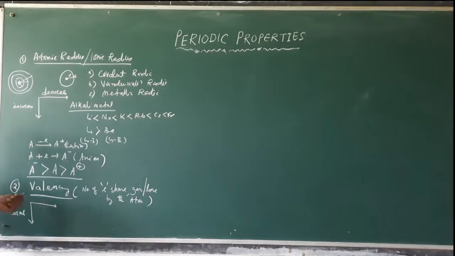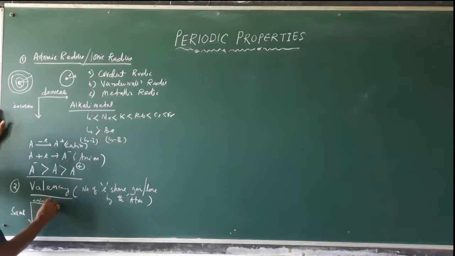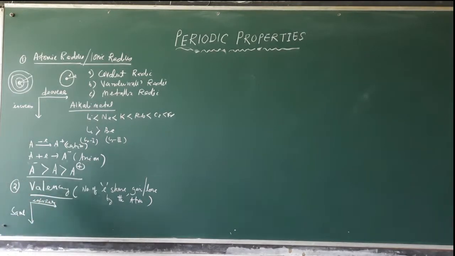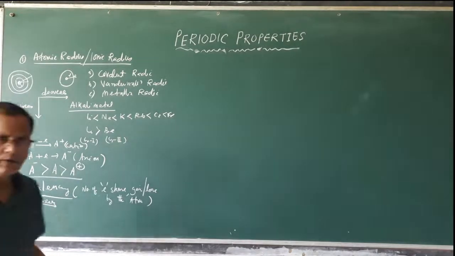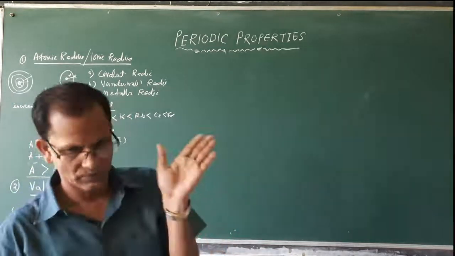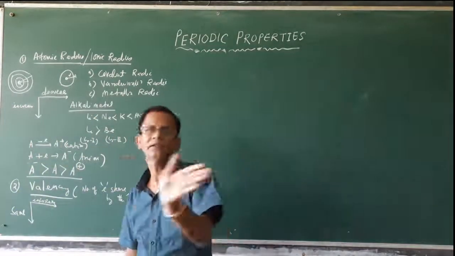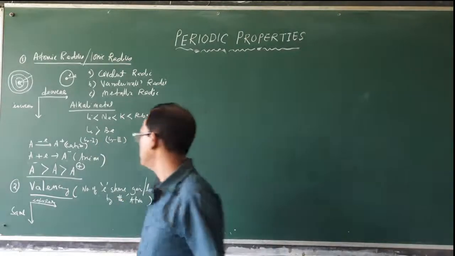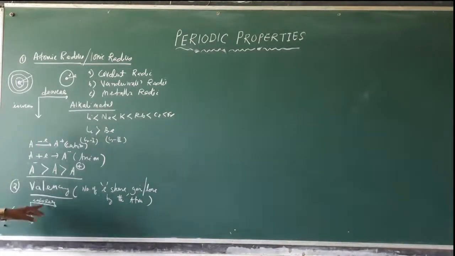Along the group, they have similar valency, but along the period it generally increases. This is remaining same, but this increasing value goes up to a certain group, then decreases. Generally, this increases up to halogen family, then decreases.